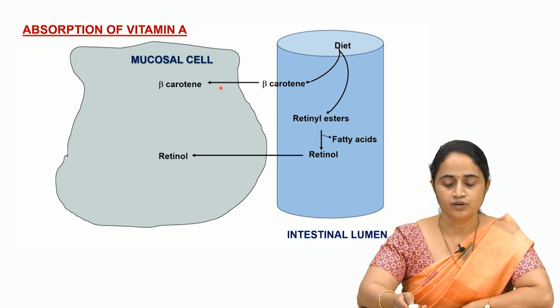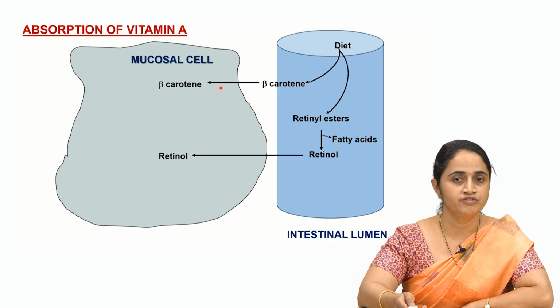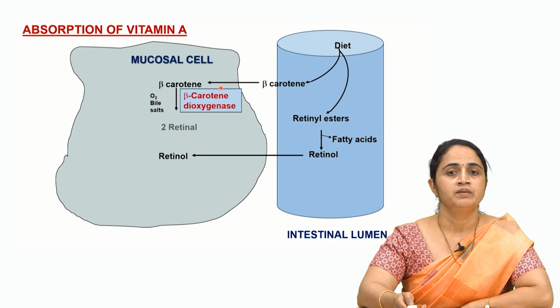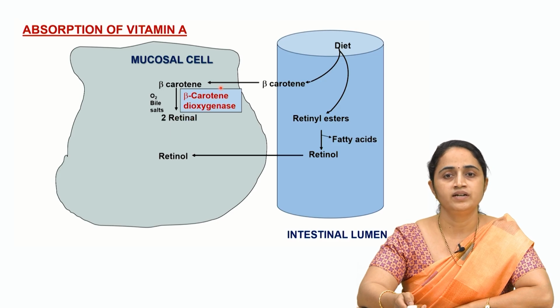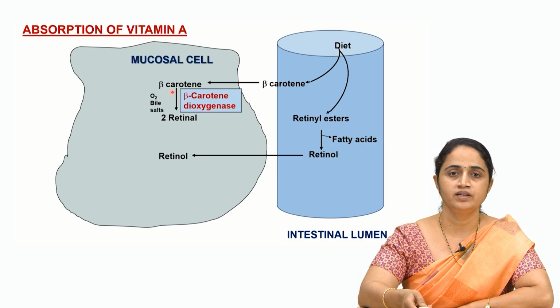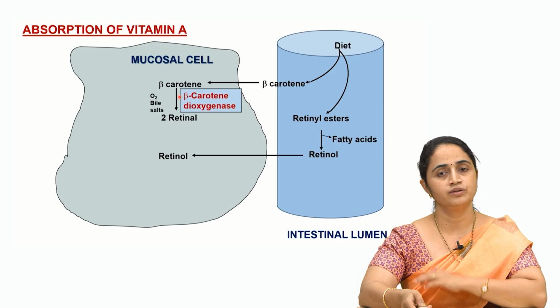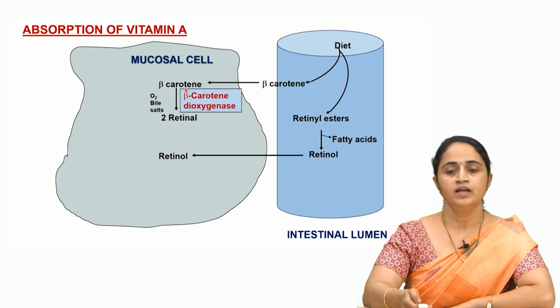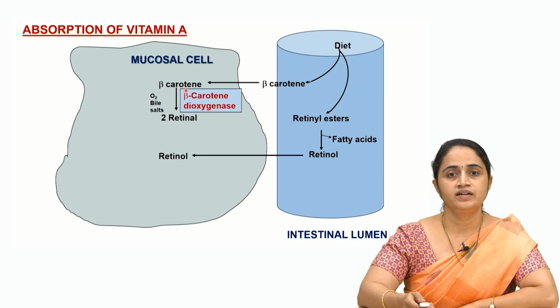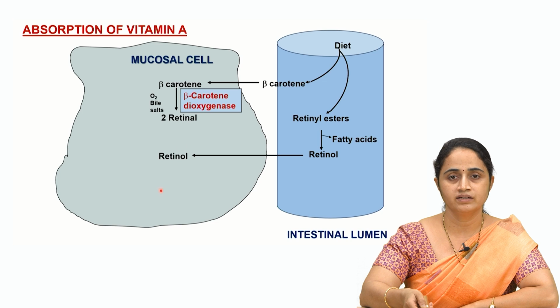Now, this beta carotene, which contains two molecules of retinal, is cleaved by the enzyme beta carotene dioxygenase, which requires bile salt for the conversion and oxygen. So, in the presence of oxygen, beta carotene is converted into two molecules of retinal. And retinal and retinol, as I mentioned, are interconvertible.